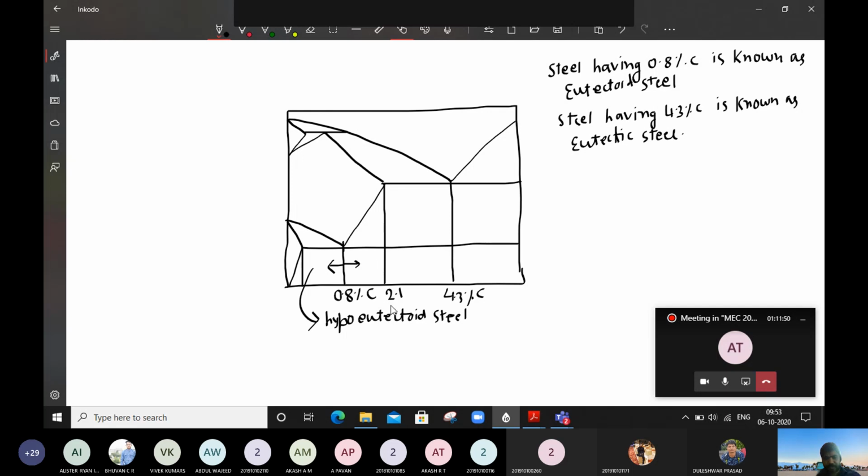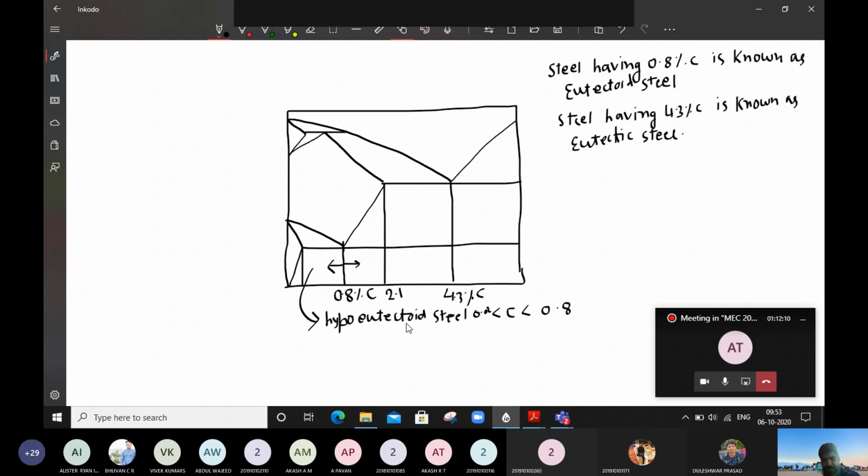So let me write it over here for you. Hypoeutectoid steel will have carbon greater than 0.02 and less than 0.8. Then we are going to call it a hypoeutectoid steel.